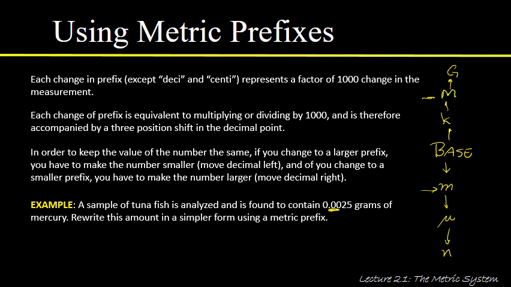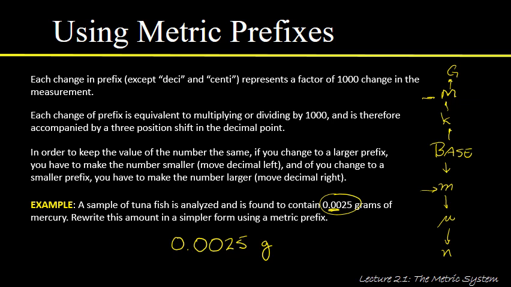All right, so let's change this value here so that we can get rid of those zeros. What we want to do is move the decimal so that we don't have any extra zeros on either the left or the right.